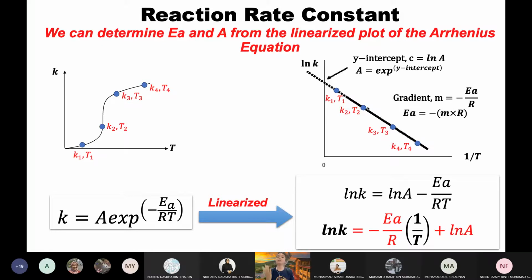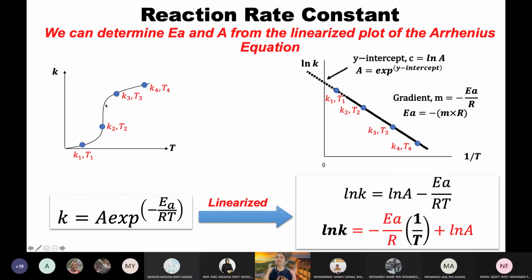Okay, macam mana kita nak cari EA dan A? So nanti kat lab, when you do experiment, you actually do this for the experiment. If you do experiment 2A ataupun eksperimen 3A ataupun eksperimen 1B pun, kamu sebenarnya akan kaji perubahan suhu. So when you change the temperature, you will actually get different value of K. Kan ingat saya kata K berubah dengan suhu kan?